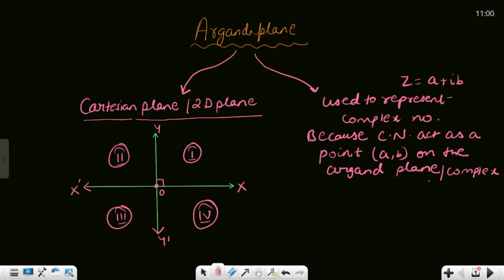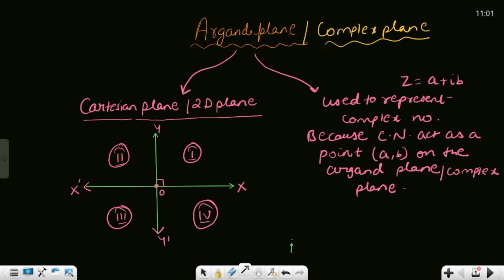You can say Argand plane or complex plane; both mean the same. Now how will it represent?